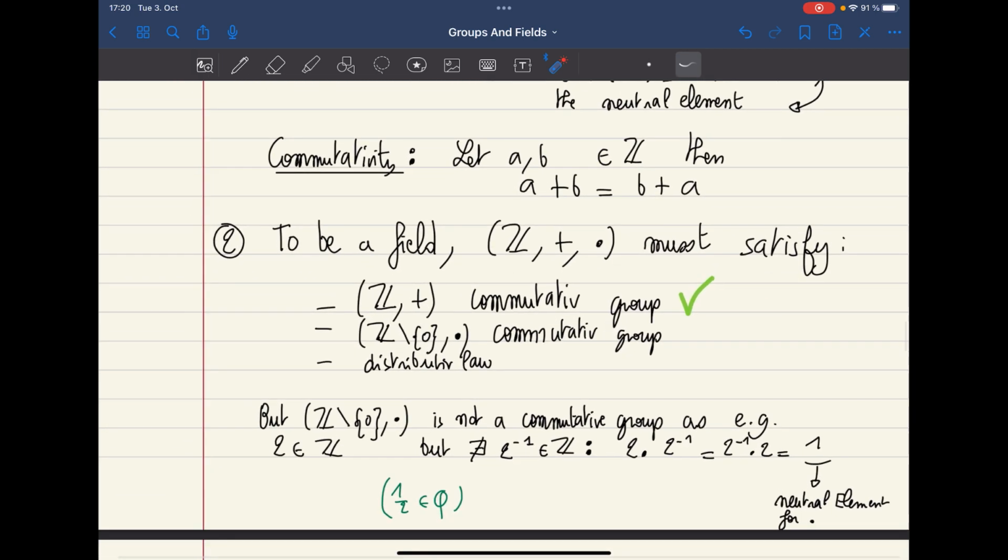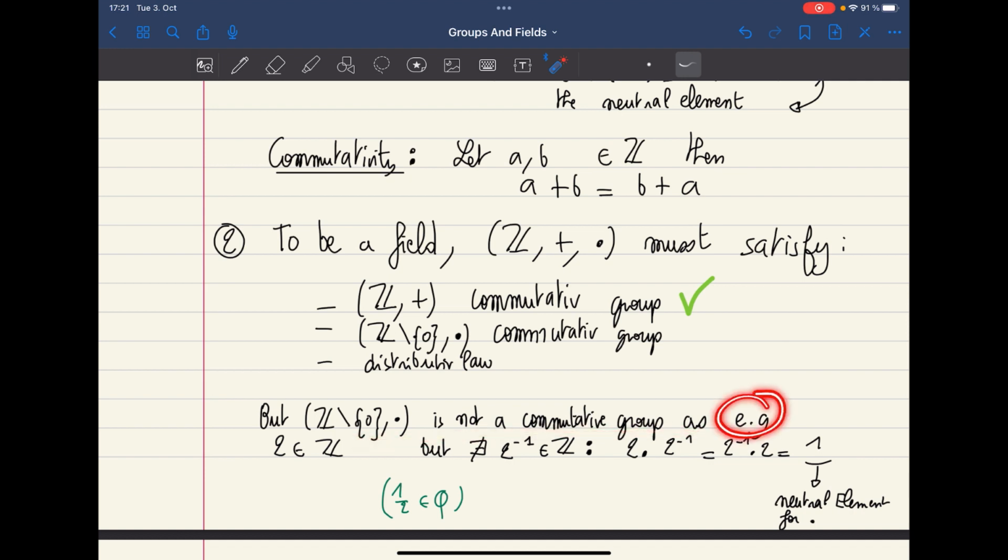And to be a field, this should satisfy 3 properties, which is that the set with plus should be a commutative group. This is true, we should just show it. The set without 0 and times should be a commutative group. And the distributive law should be satisfied. But actually, this is not a commutative group, because there are many elements without inverse.